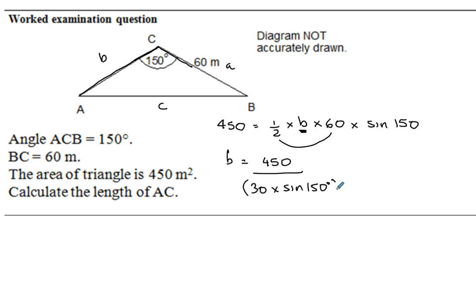If you're not very comfortable with rearranging formula, then please check out my Fazmaths videos on rearranging formula. They're really quite fun. When you put that on your calculator, you get 30 meters. Okay? Good.